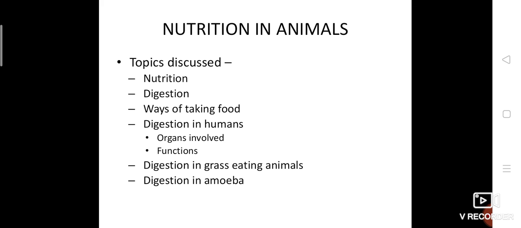When we talk about humans, what are all the organs involved in this digestion and the functions of those organs, everything we have discussed. And digestion in grass eating animals. See, some animals are eating only grasses, that is herbivores. While considering that one, how is digestion taking place in their body, and how is digestion taking place in amoeba, that is in microorganism. So these are the topics we already discussed in our class. Based on these topics only we wrote notes. Okay.